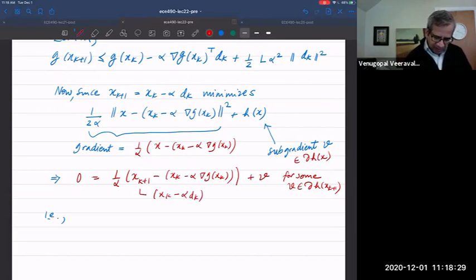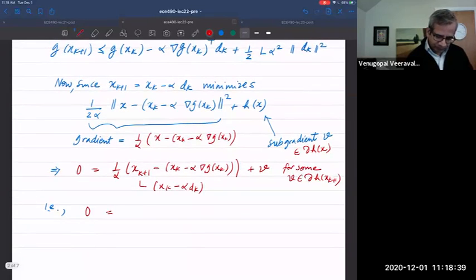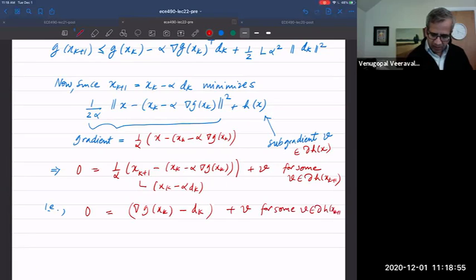So when you simplify this, the xk cancels and you're left with 0 equals gradient of g of xk minus dk plus v for some v belonging to the subdifferential.